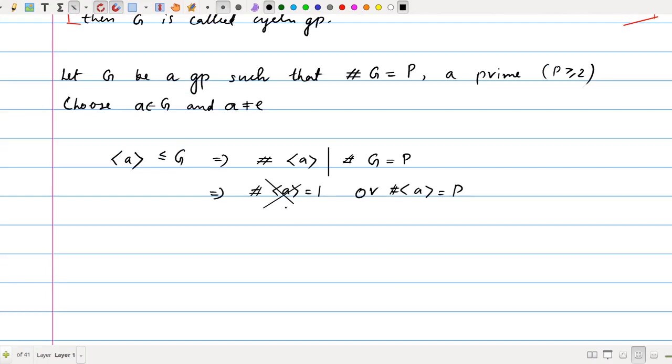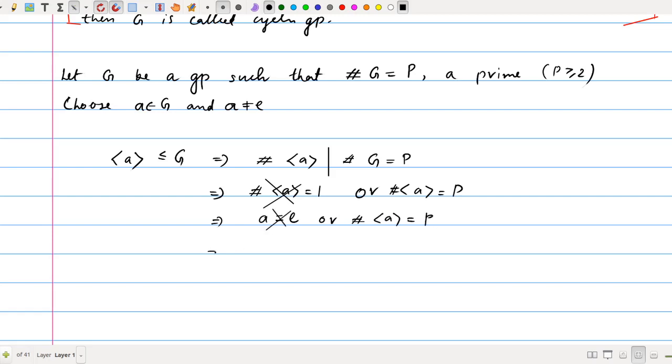We can easily rule out the first one, because if the subgroup contains only the identity element, then A will be the identity element. This subgroup contains at least A. If the cardinality is equal to 1, it has only one element, which will be the identity, which implies A equals the identity.